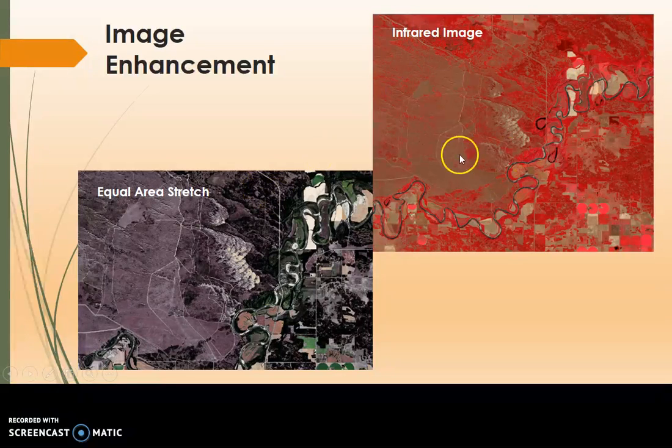I also went into an infrared image, which the band on that was 543, and that allowed me to really determine where lush green vegetation was and where there was a lack of lush green vegetation. With the sand dunes being there, I can really see where there is not as much lush vegetation compared to other areas in the park.